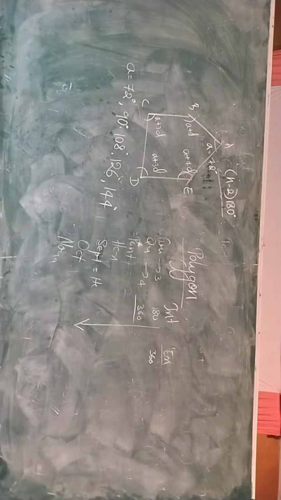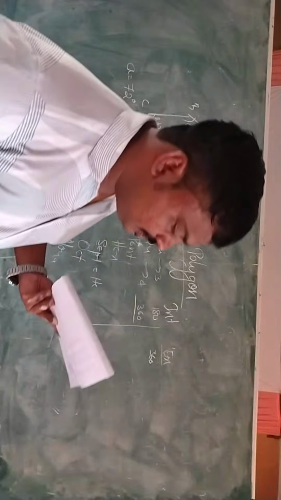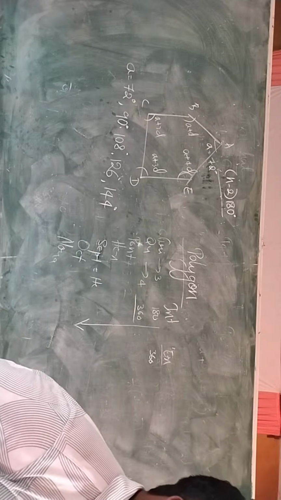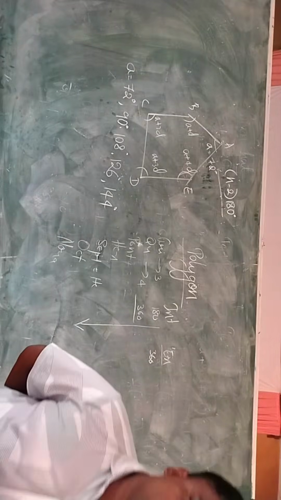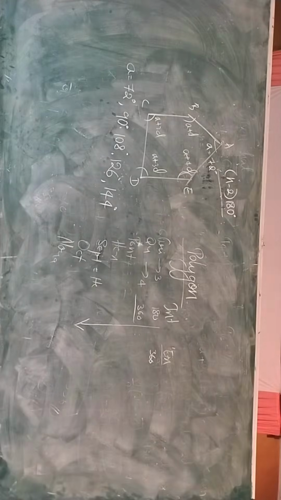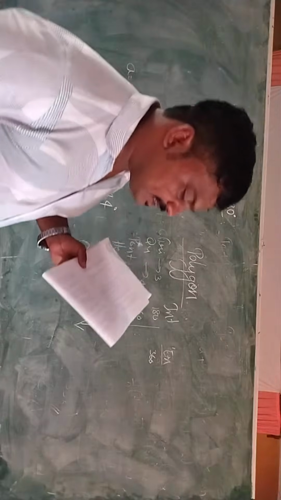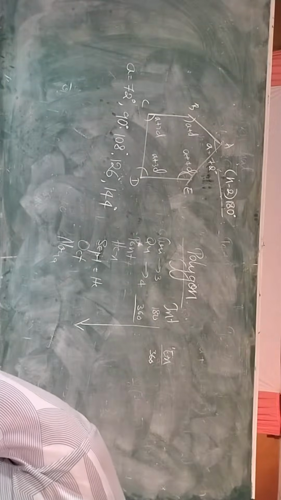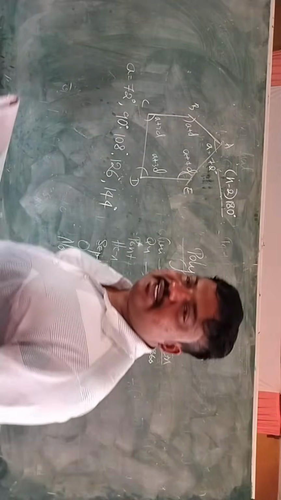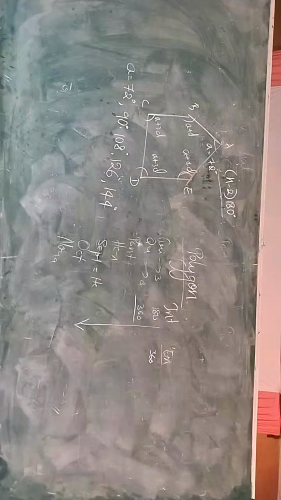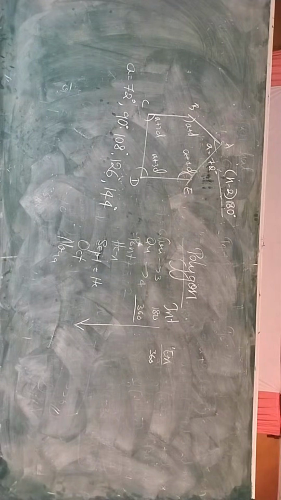If the sum of a pair of opposite angles is 130 degrees, then find the angles of the quadrilateral.